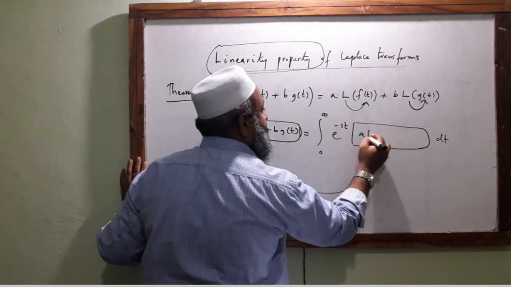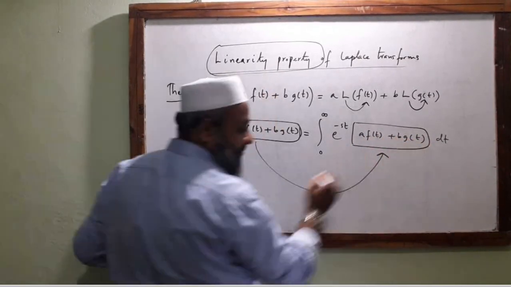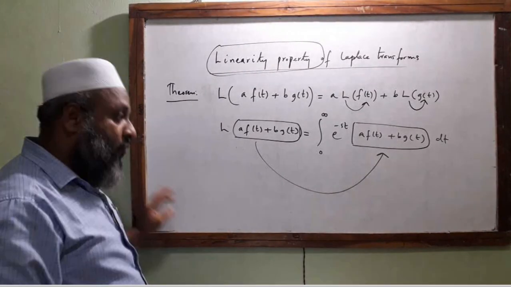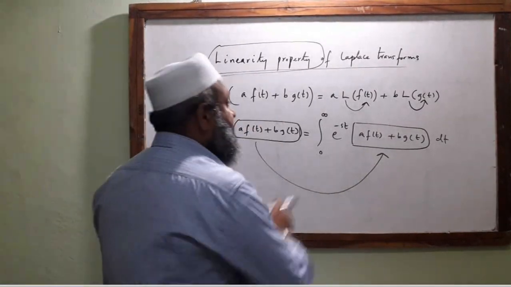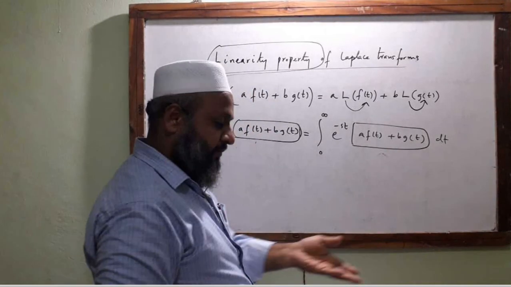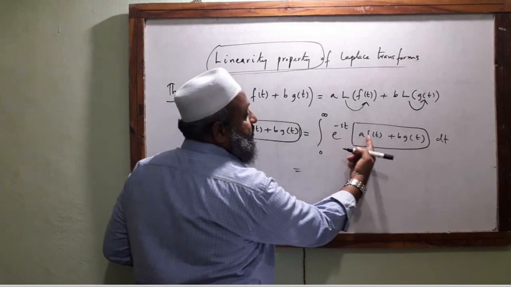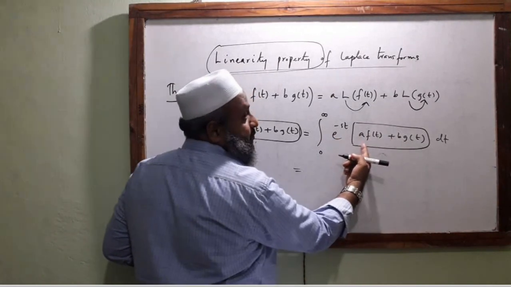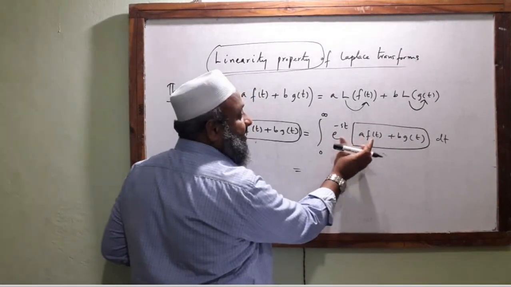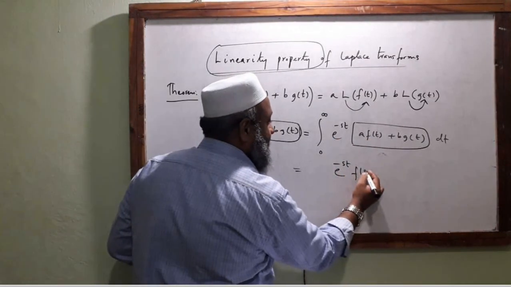So a times f of t plus b times g of t. Now what I need to do is simplify that expression. So how do I simplify that? This function is to be multiplied to these two. Then this is a constant, and the product of these two remains like this, f of t.